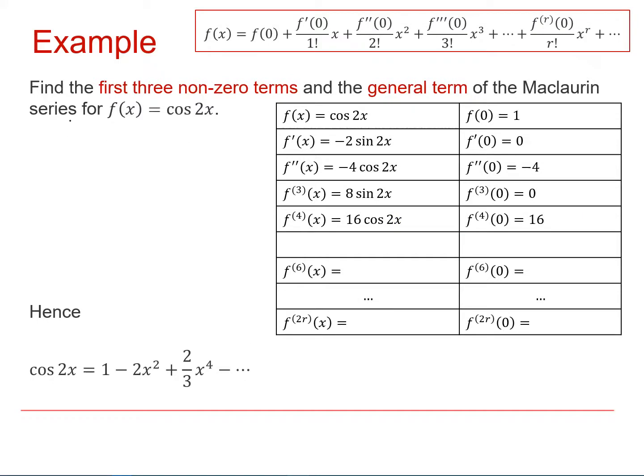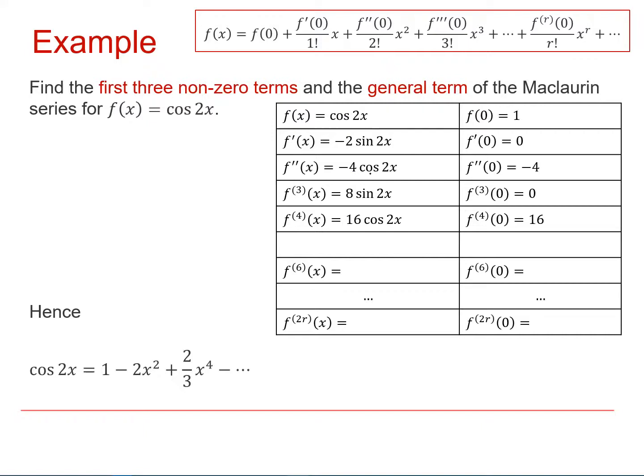Now we've also been asked to find the general term of the Maclaurin series, and so here we're going to extend the table on a little bit and see what happens. Well, we can see, I think, from this that every odd derivative we're going to get a sin 2x, which means we get 0, so we can ignore all the odd derivatives. And for the even derivatives, if you look at this, the even derivatives are going up by minus 4 every time.